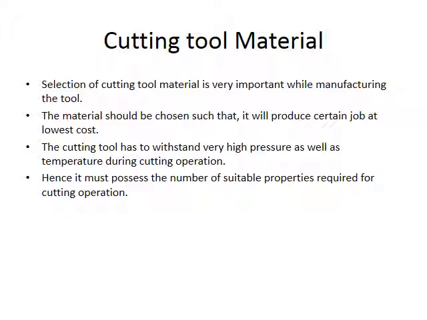So there are various cutting tool materials having their own characteristics and applications. The cutting tool materials are: first, carbon and medium alloy steel. Second, HSS, that is high speed steel. Third, cast cobalt alloys.